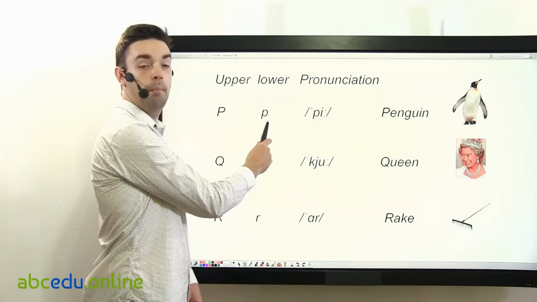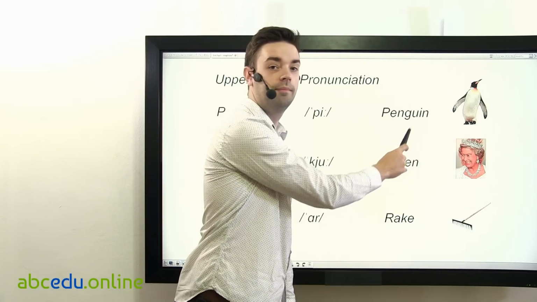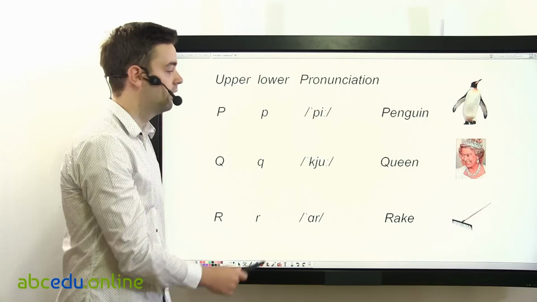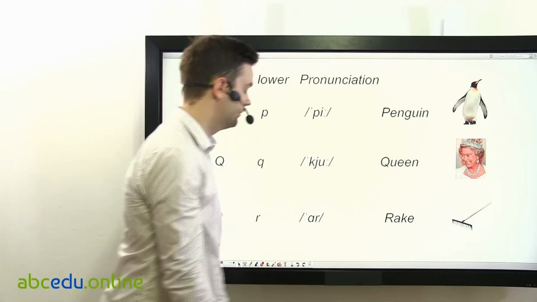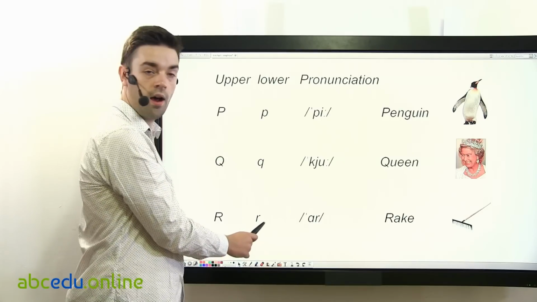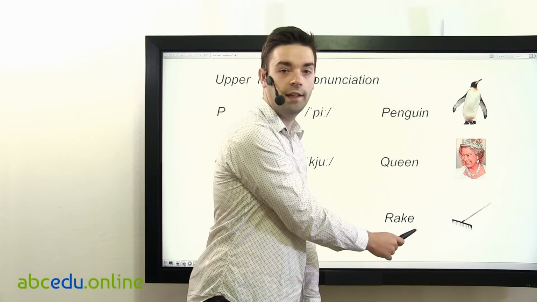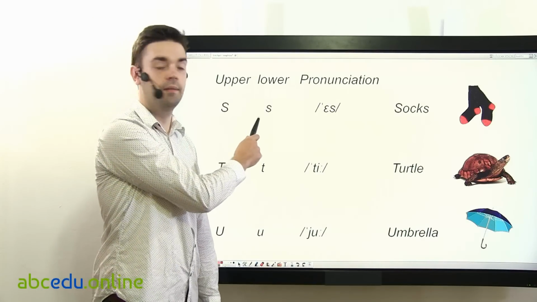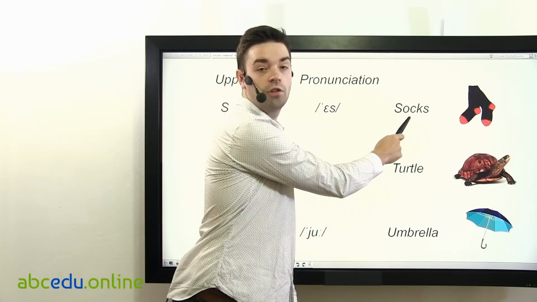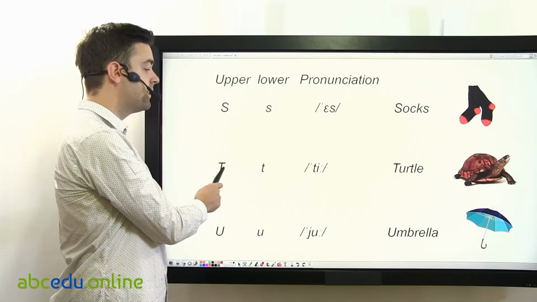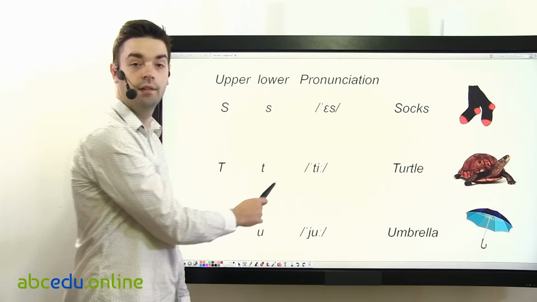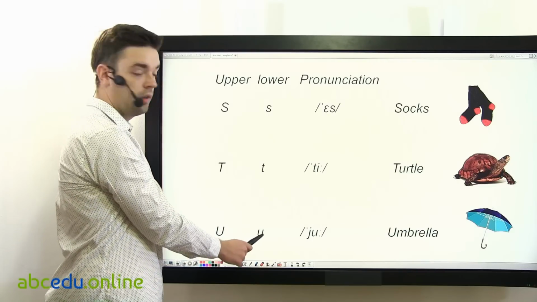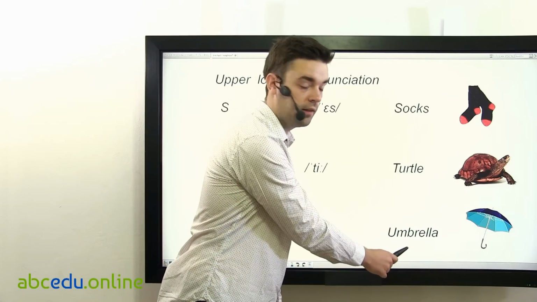P. P for penguin. Q. Q for queen. R. R for rake. S. S for socks. T. T for turtle. U. U for umbrella.